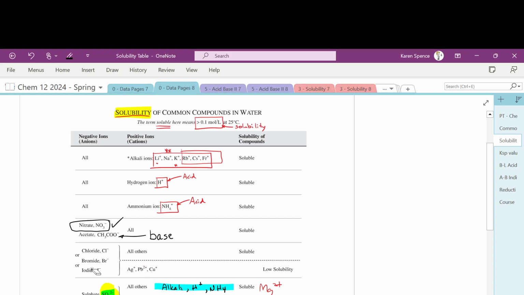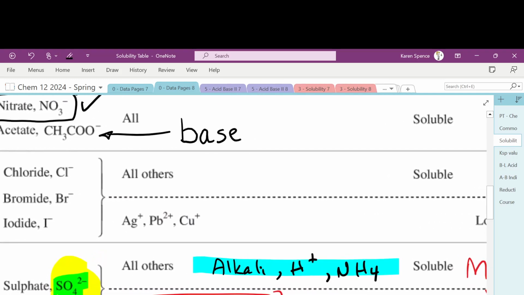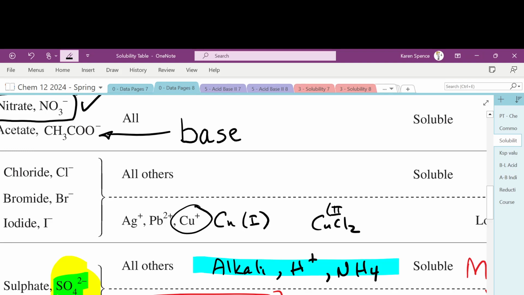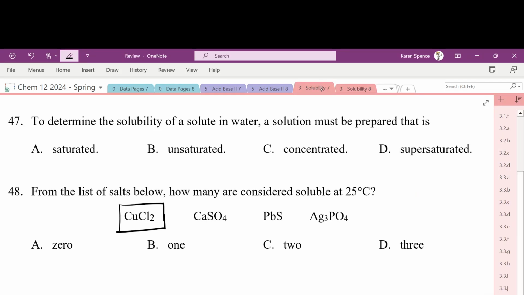Do you remember on the quiz I was really mean? That one where we wrote the precipitation reactions. This is copper 1. Yes? But we have CuCl2, so that is copper 2. Okay, so this is soluble. One of the others was calcium sulfate. That is low solubility. Let's go check out the other ones.